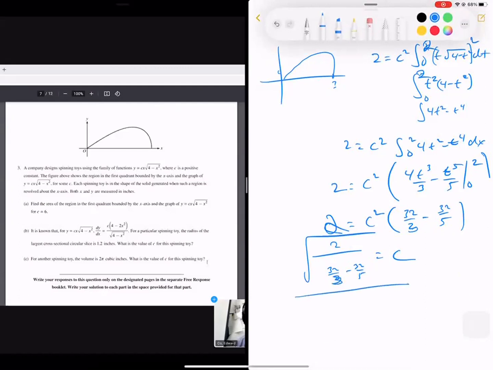If you leave this on your exam, you can do that. But if I try to get that, 5 times 160 minus 96 is 64 over 15. So 2 over 64 over 15, multiplied by the reciprocal, is 2 times 15 over 64. It's 15 over 32. So this is what they got on this one YouTube channel.